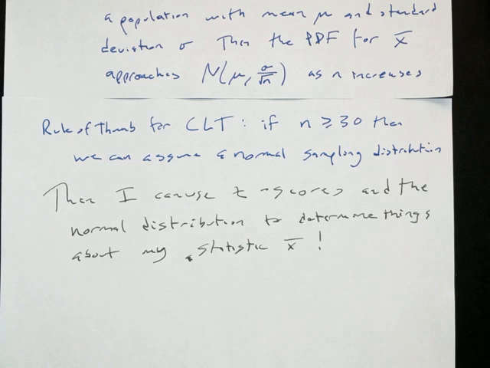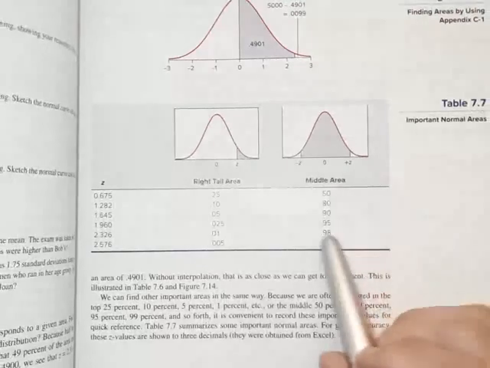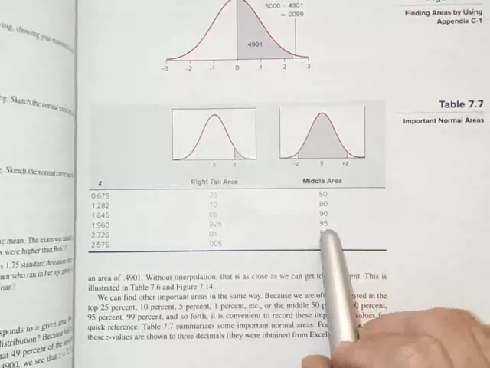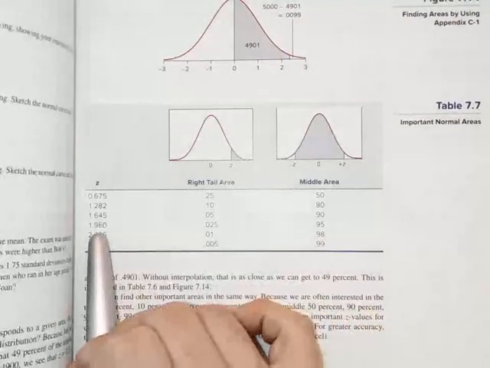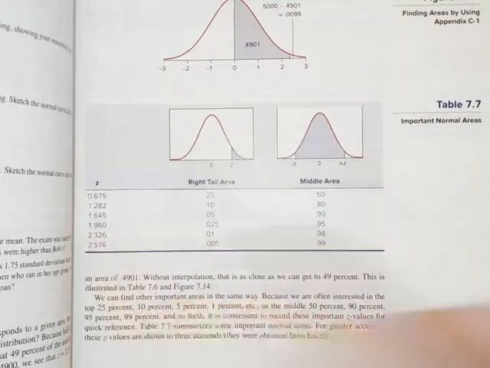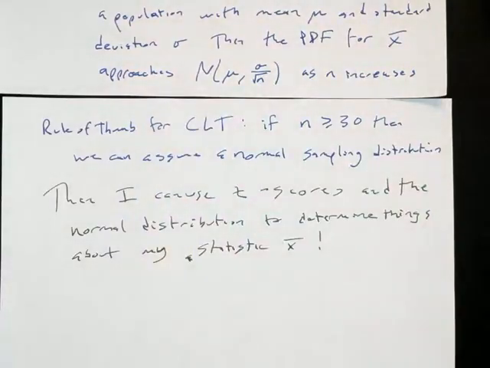The middle 95%. Page 245, the middle 95% goes with a z-score of 1.96. Okay, remember that 1.96.